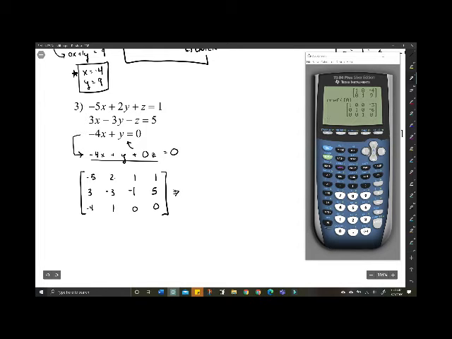So make sure you write that down. Second, matrix. Enter that bad boy in there: -5, 2, 1, 1, 3, -3, -1, 5, -4, 1, 0, 0.